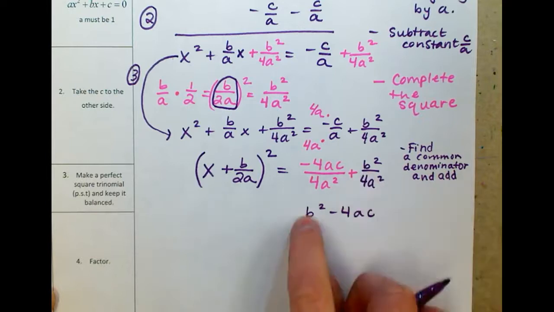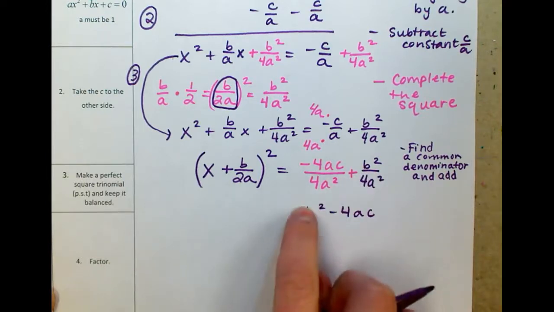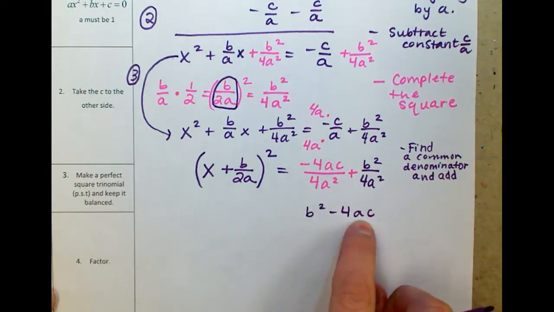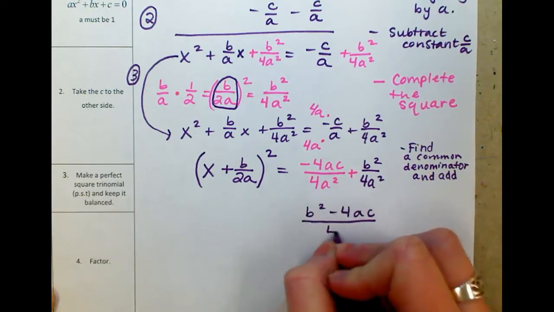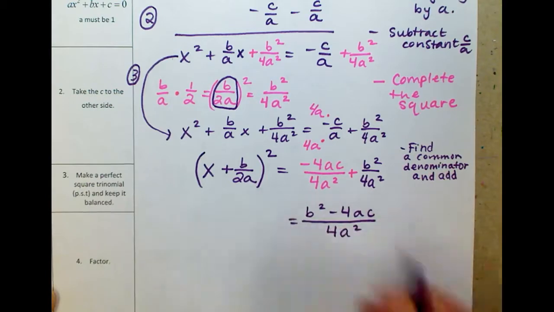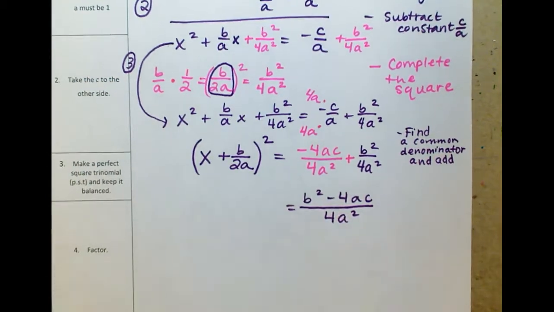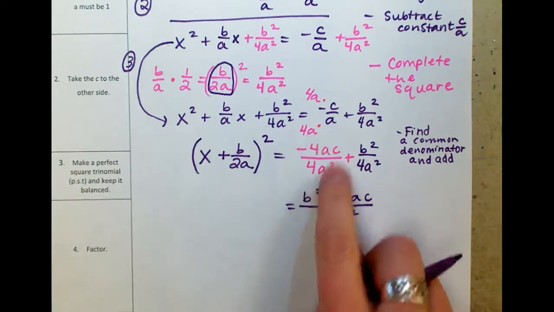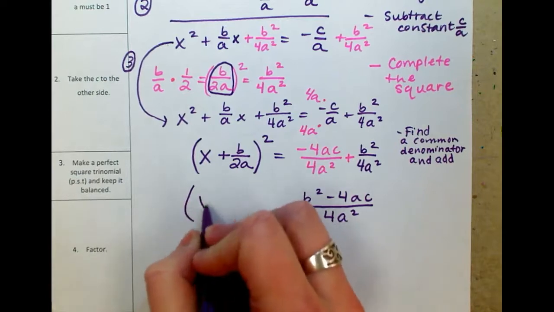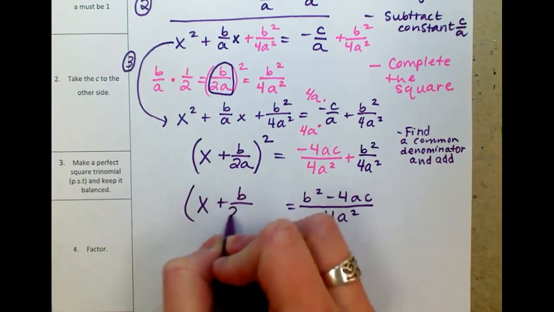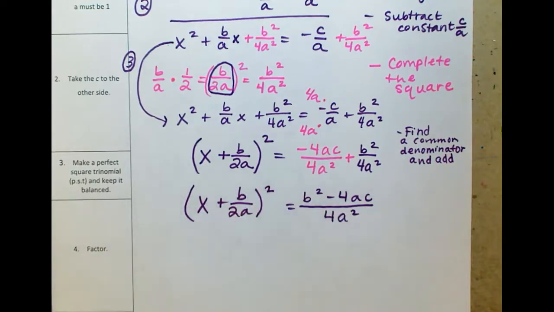Now notice I put the b squared first, the positive one first, and then minus 4ac, all over the same denominator, 4a squared. So now I have made the right side one term by finding a common denominator and adding those two fractions. I still have on this side x plus b over 2a quantity squared from my perfect square binomial.